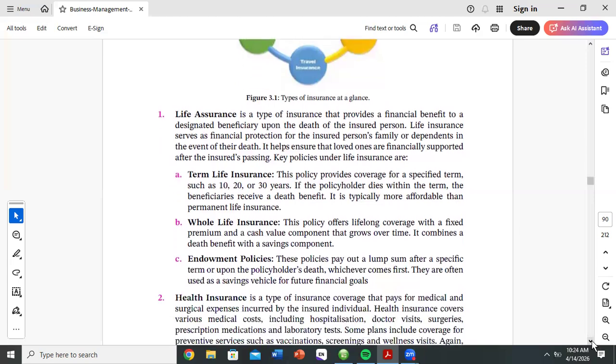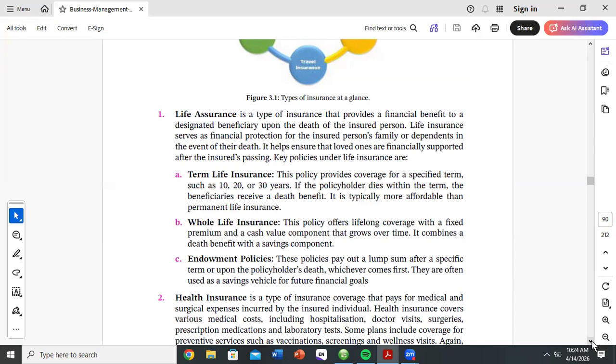Okay, so term life insurance. The term there means that there is a duration, like the way in the past we used to do first term, second term. It means there is a specific period. So term life here means that the insurance policy has a definite time period. As you see in your manual, it provides coverage for a specified term.